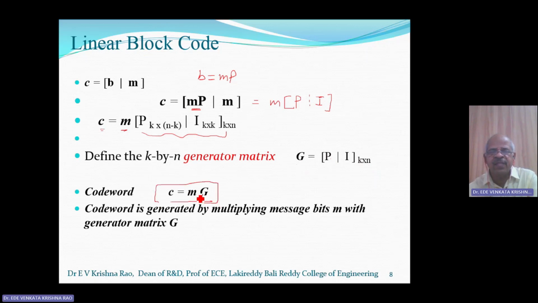We multiply the message bit sequence as a block with the generator matrix, and we get the code word, the linear block code.